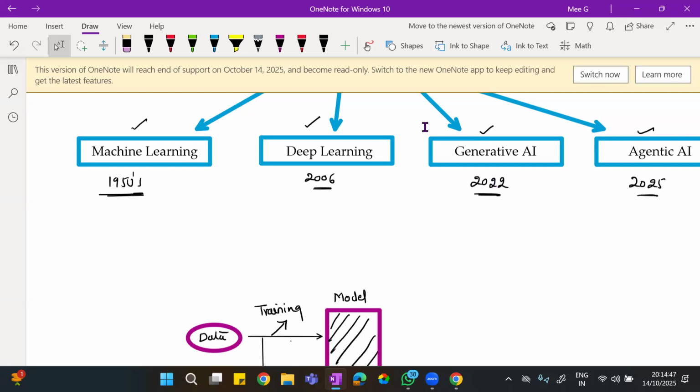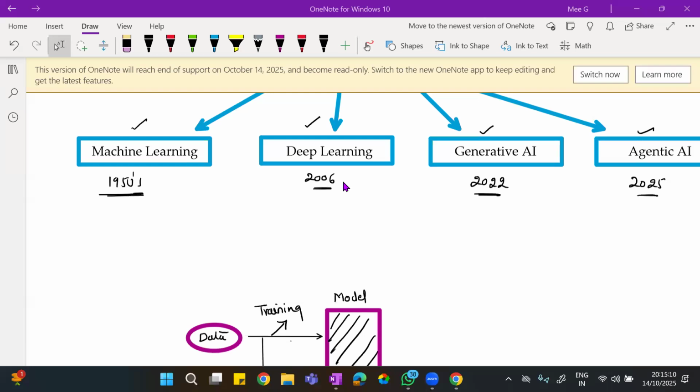Okay, so now there are some queries coming in. Srinivas, as I told you, a model is nothing but a program based on an algorithm. And what is intelligence?